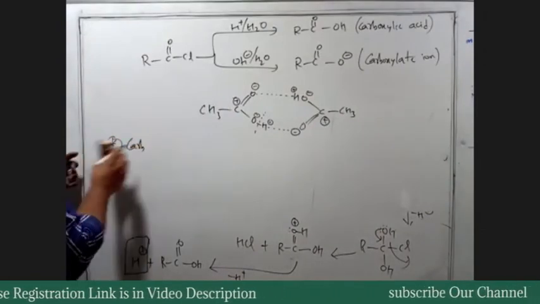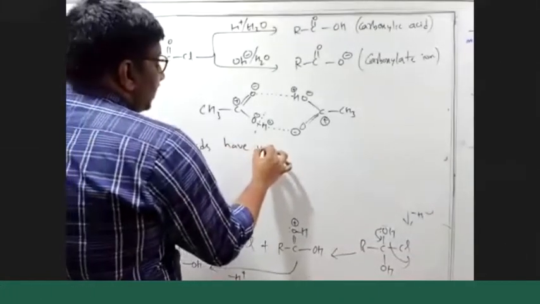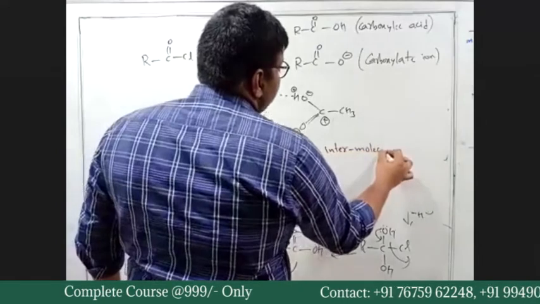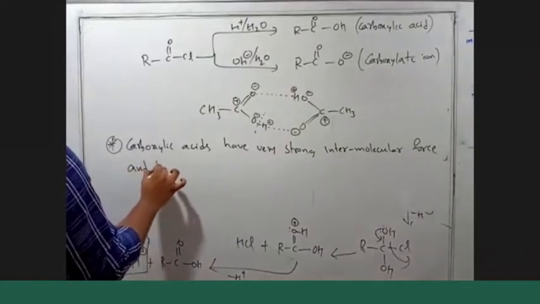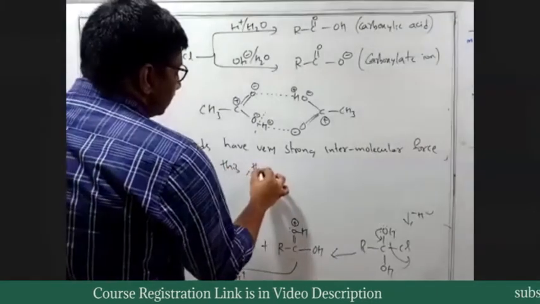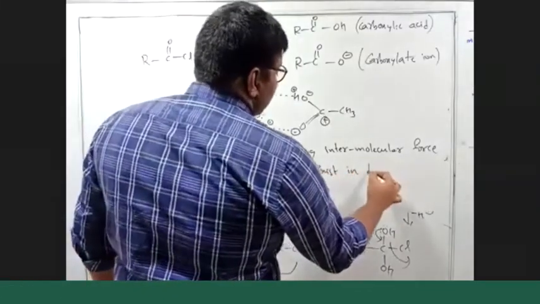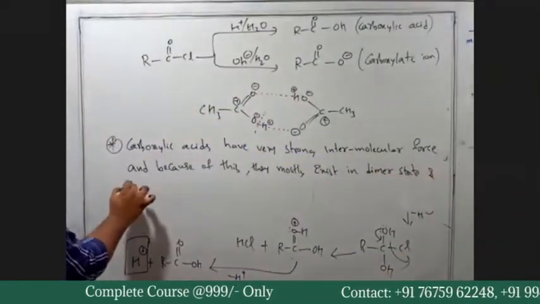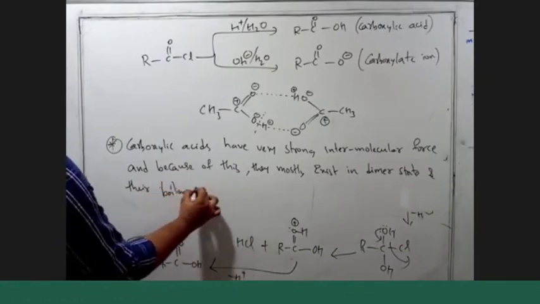Carboxylic acids have very strong intermolecular force, and because of this they mostly exist in dimer states, and their boiling points are high.